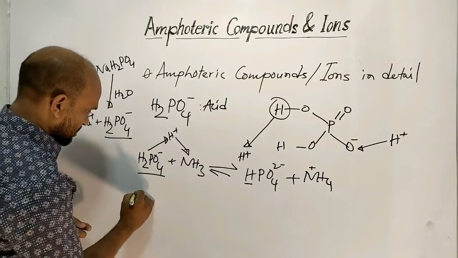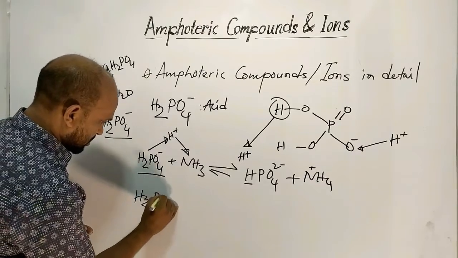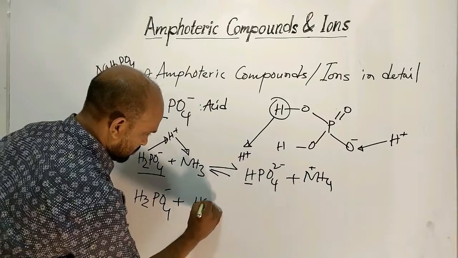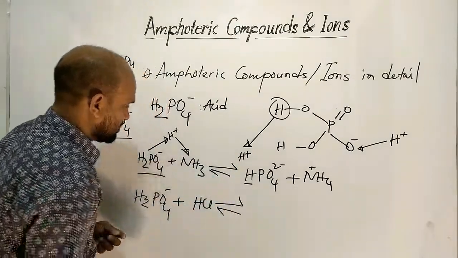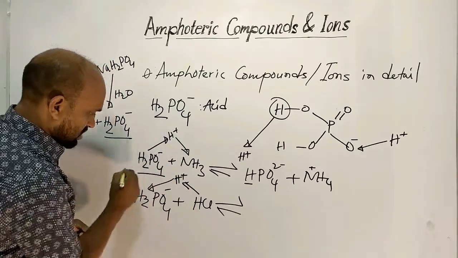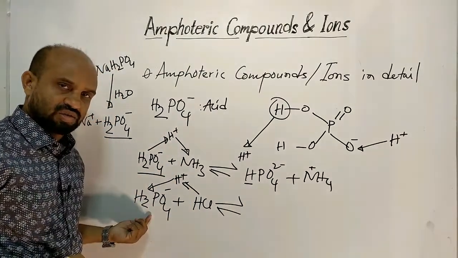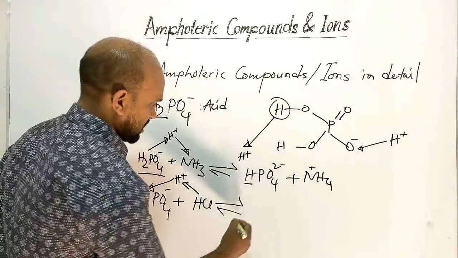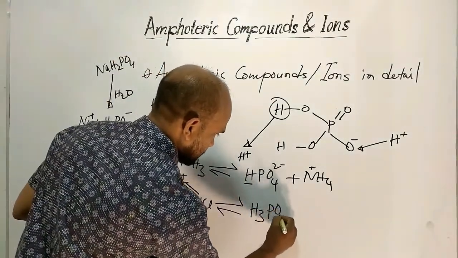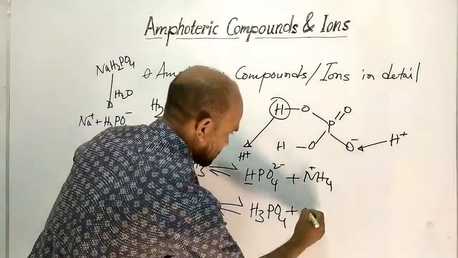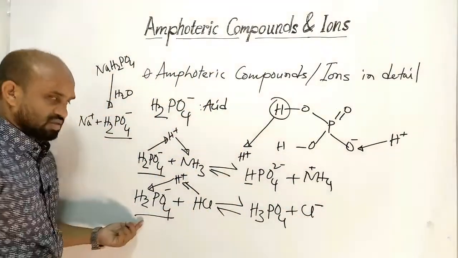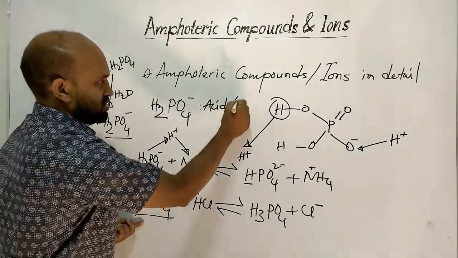Another reaction, let's see. Dihydrogen phosphate ion is added to hydrochloric acid. Hydrochloric acid donates a proton. This ion accepts that proton. After accepting the proton, it becomes phosphoric acid. Hydrochloric acid becomes chloride ion. So in this reaction, it acts as base.